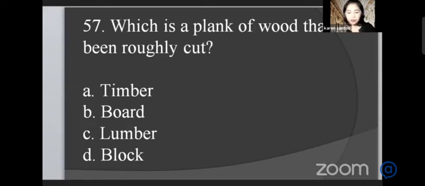It can also refer to intact trees which have not been cut. Lumber is usually wood that has been cut into standard sizes. And then board is a long flat slab, or what we call sawed lumber.